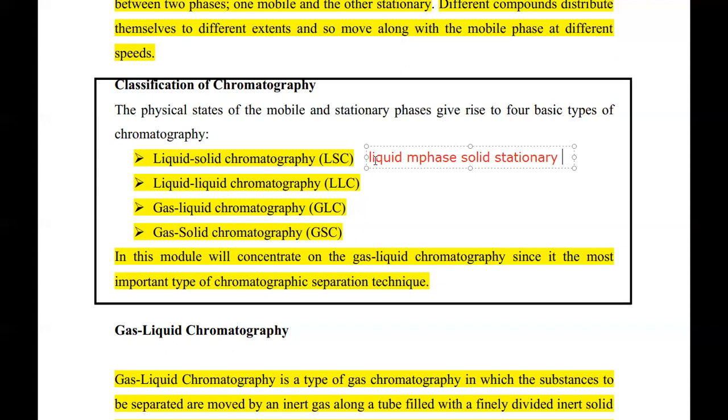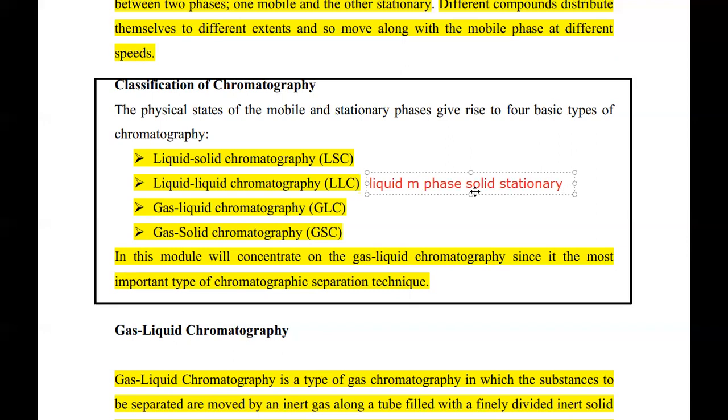Now we have a solid here, and on top of the solid, that's where the liquid is sliding over, carrying the sample, splitting into different components that are there. Then we're going to have that class. Liquid solid chromatography tells us that the liquid is a mobile phase, and the solid is a stationary phase.